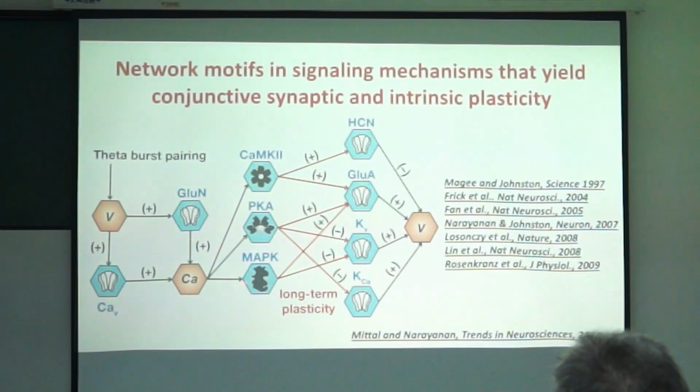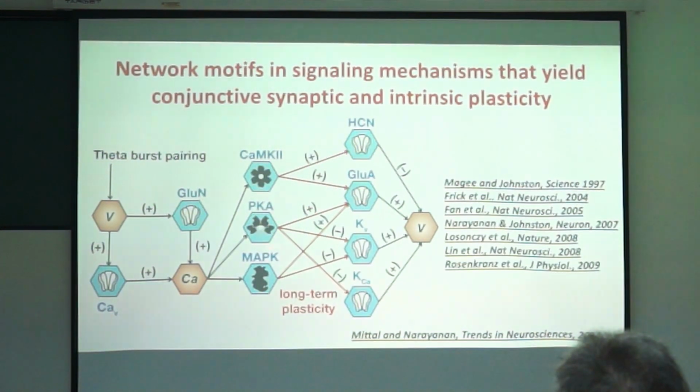What mediated this? There were strong network motifs at the signaling level where the calcium that was coming in was activating specific enzymes, and those enzymes were affecting not only the synaptic properties but also the different ion channels that are sitting over there. And this structure is what makes this multi-component plasticity possible.